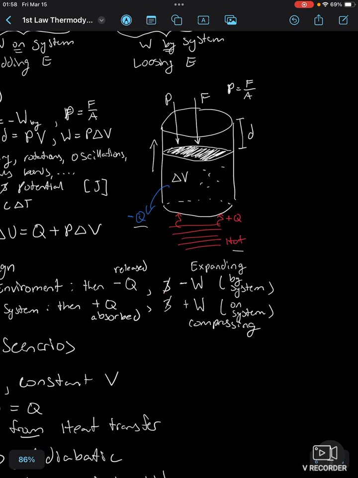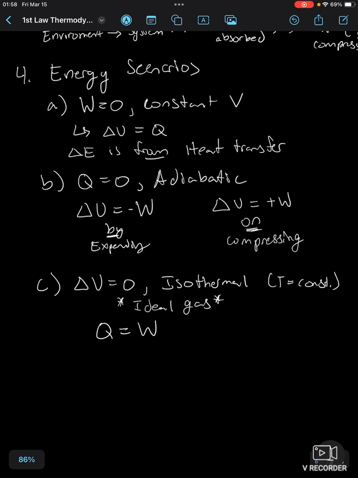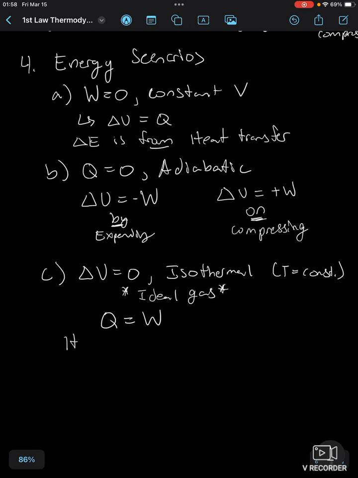So there are no rotating diatomic particles within the system, and so on and so forth. So the heat is directly proportional to the work that is happening. So then heat transfer is used completely for work.